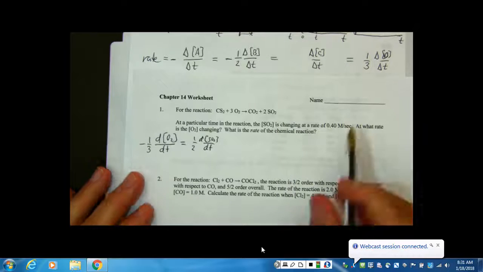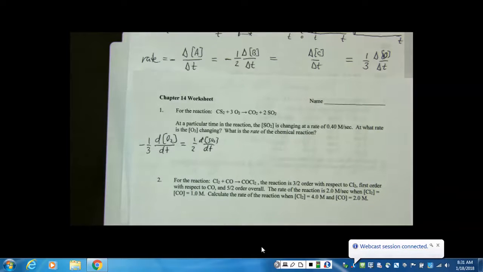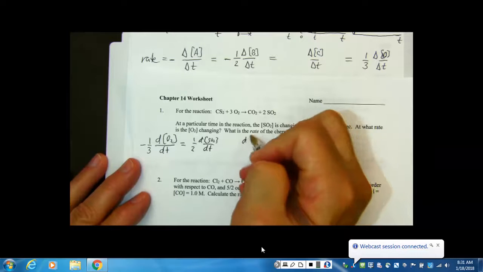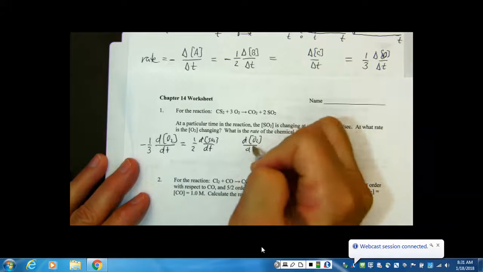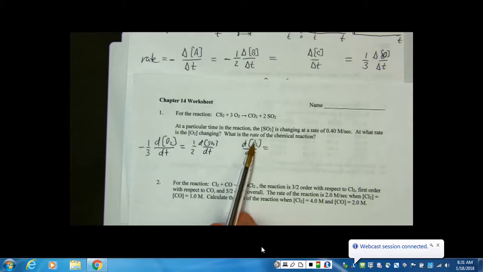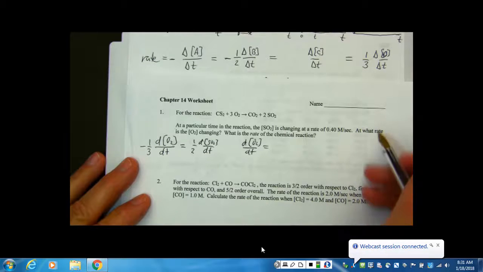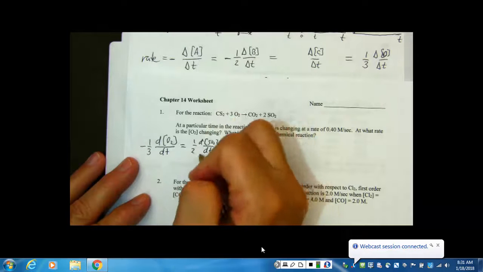Okay, and what it's asking for, at what rate is the O2 changing? So that's asking, what is this value right there? How is the oxygen changing with time? So I can get this, and this is telling me what this is.